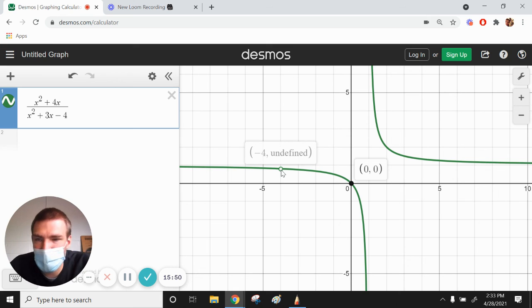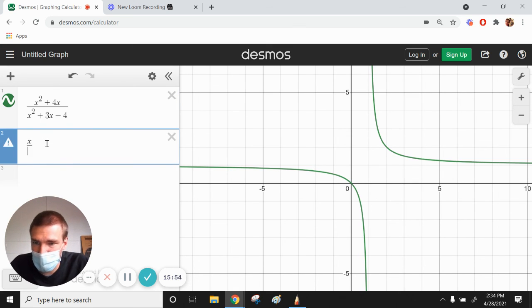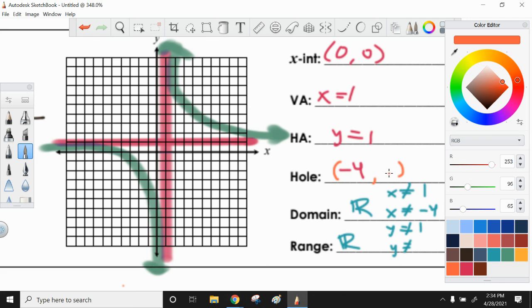I can try that if I type it in here, x over x minus 1, hide the green, go to negative 4, 0.8. I was right. And so this would be 4/5, which is 0.8.